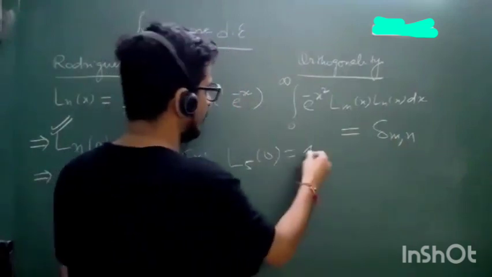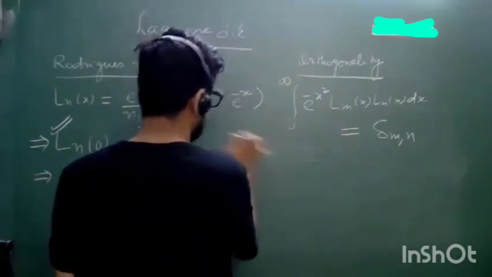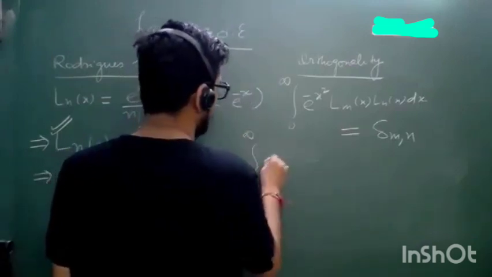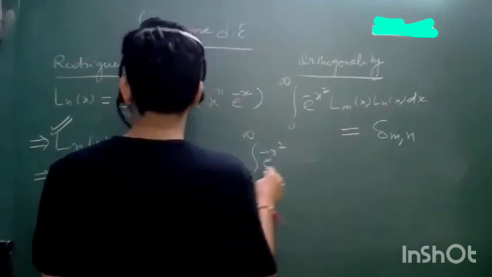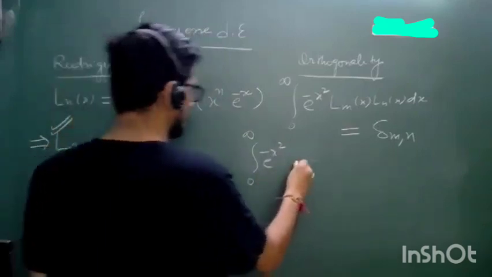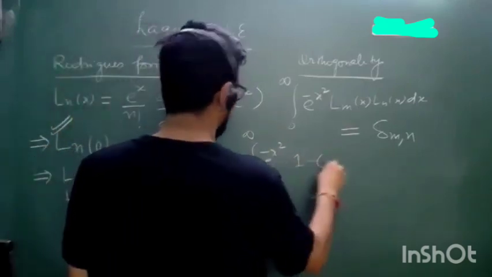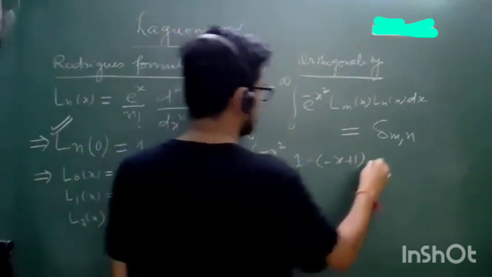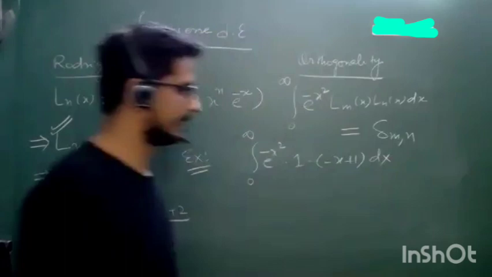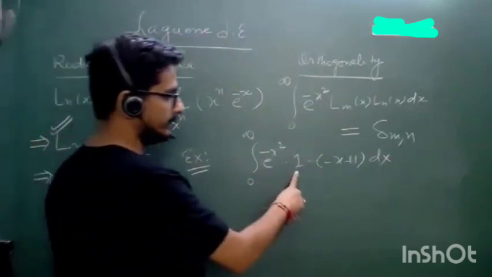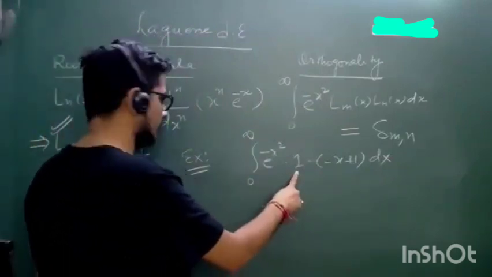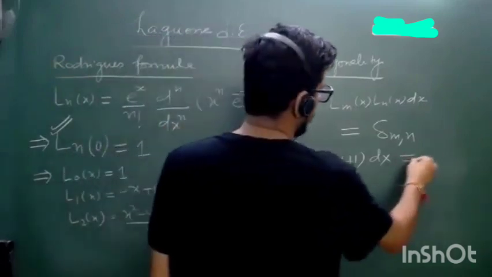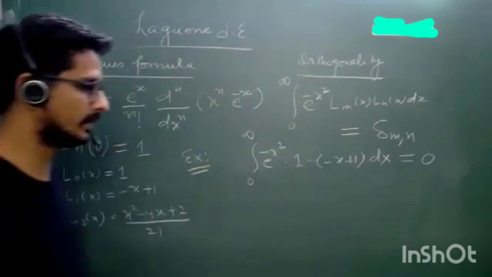So for example, an objective question can be asked: what is the integral from 0 to infinity e to the power minus x, here I write 1 and then I write minus x plus 1, dx? This is L0 and this is L1. Because they are different, according to Kronecker delta, the value should be equal to 0.